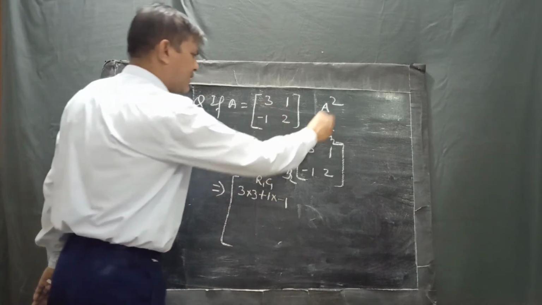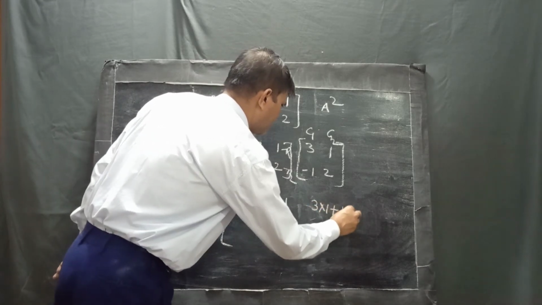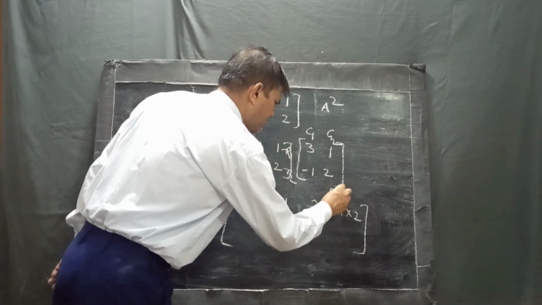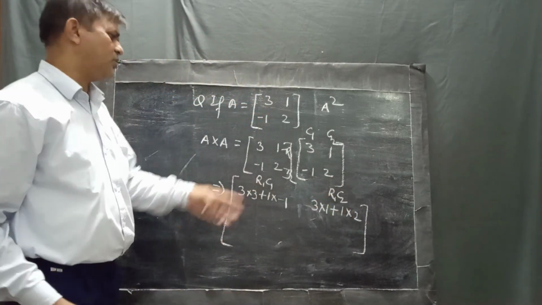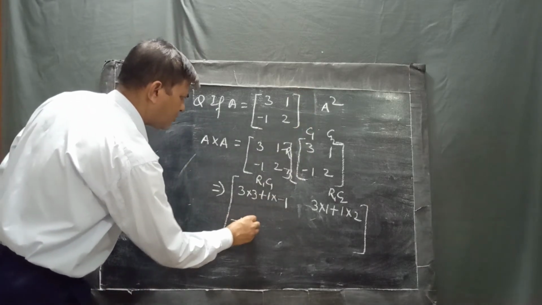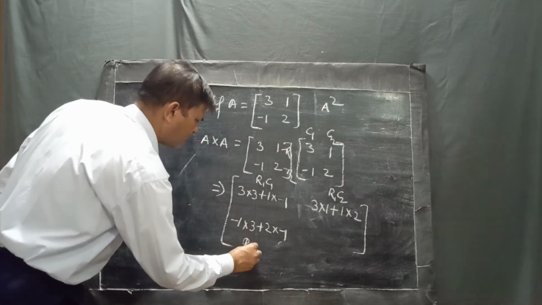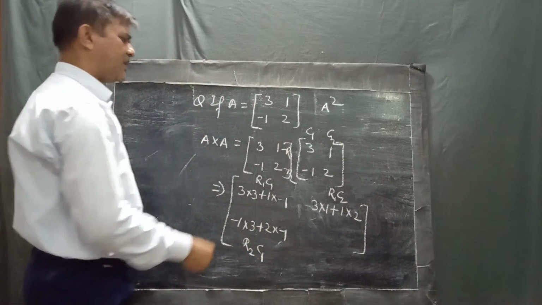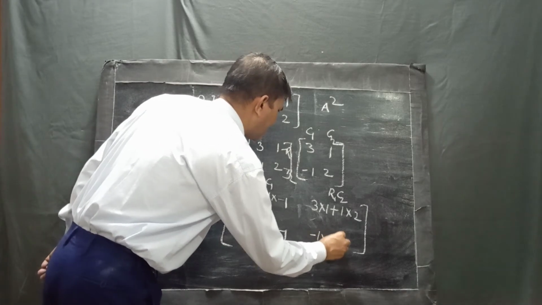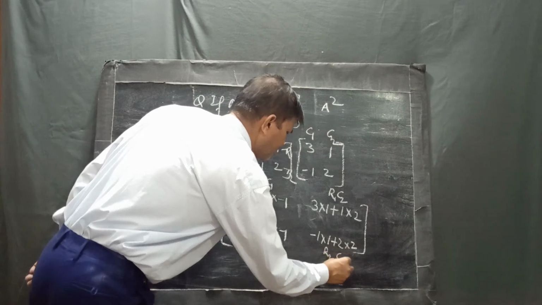Now row 1 column 2: 3 into 1 plus 1 into 2. Next, row 2 column 1: minus 1 into 3 plus 2 into minus 1. Second one, row 2 column 2: minus 1 into 1 plus 2 into 2.